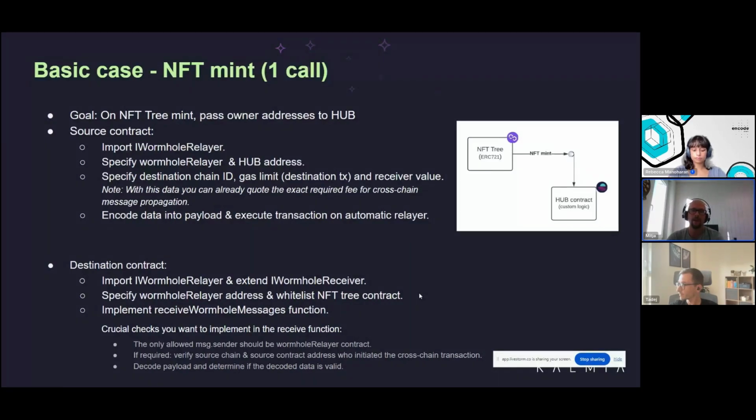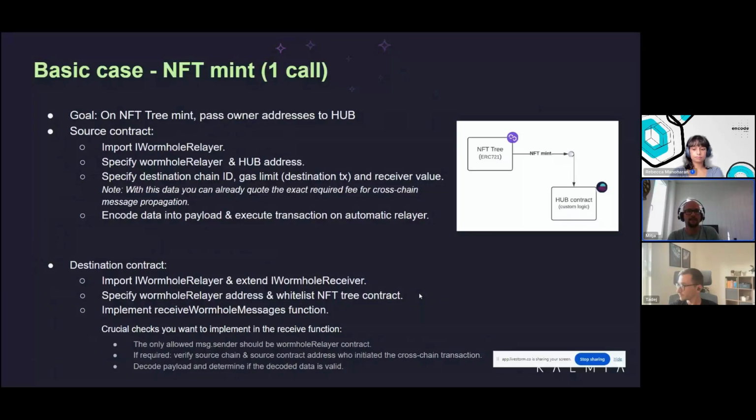The receiver value represents the amount of gas token that is going to be airdropped in the destination contract in the destination transaction, if that sounds reasonable. Then you need to encode data into the payload, whatever you want to send, and execute the transaction on the automatic relayer.